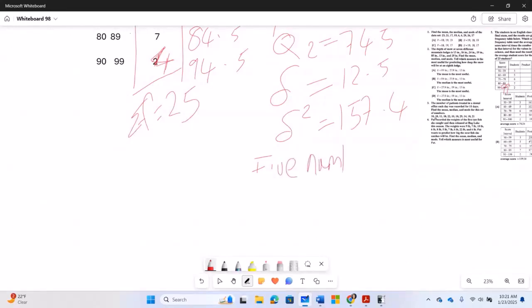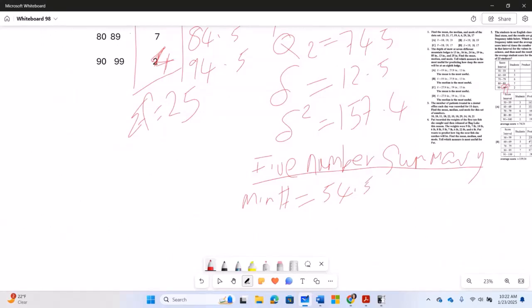All right, so the first one is the minimum number. According to what my calculator gave me, the minimum number is 54.5.